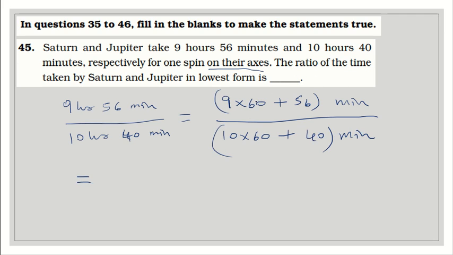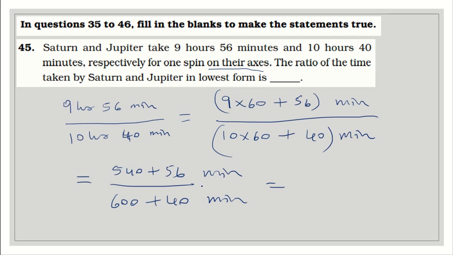So 9 sixes are 54, 540 plus 56, upon 10 sixes are 600 plus 40. So minutes by minutes will go off. A ratio will never have any unit, only numerator and denominator both must be in the same minutes. 540 plus 56 is 596 minutes by 600 plus 40, 640 minutes. So minutes have already gone.